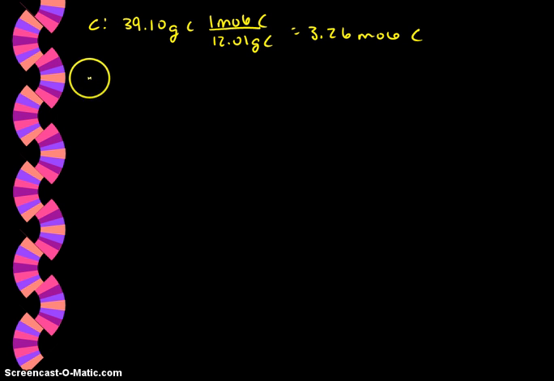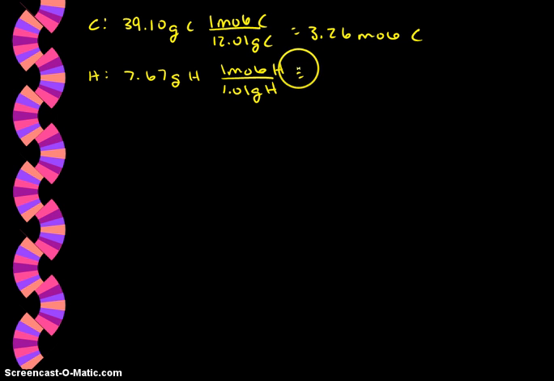Then for hydrogen, we have 7.67 grams of hydrogen. We'll convert that to moles. So 1 mole of hydrogen is 1.01 grams of hydrogen. So that'll give us 7.61 moles of hydrogen.